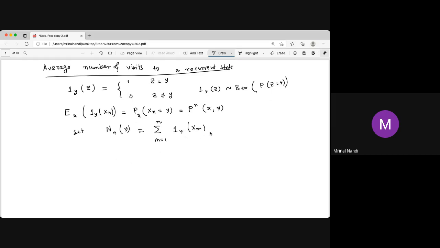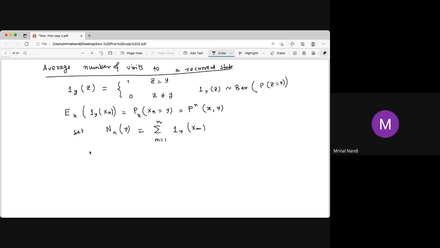This is important and useful. Why? Because of linearity of expectation: the expectation of X plus Y equals the expectation of X plus the expectation of Y. That's why we use this. We will use the linearity of the expectation.